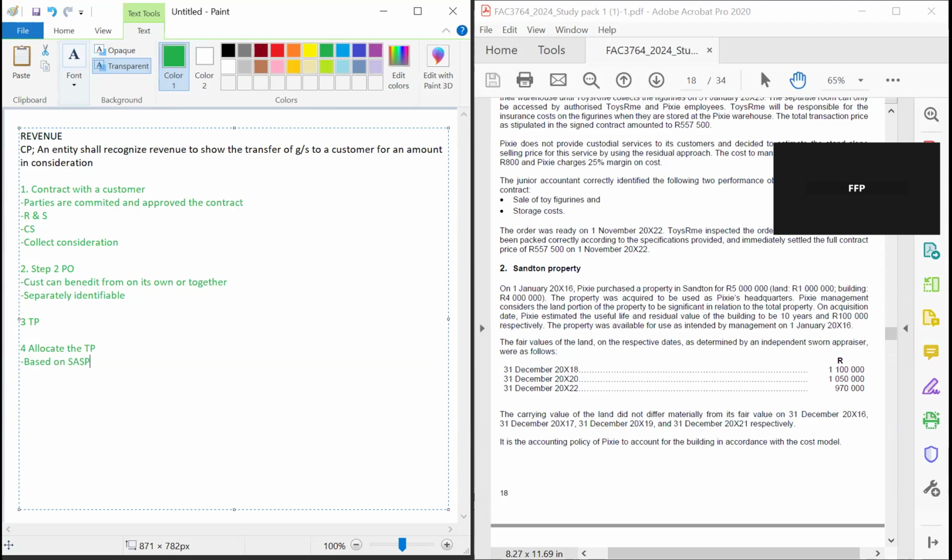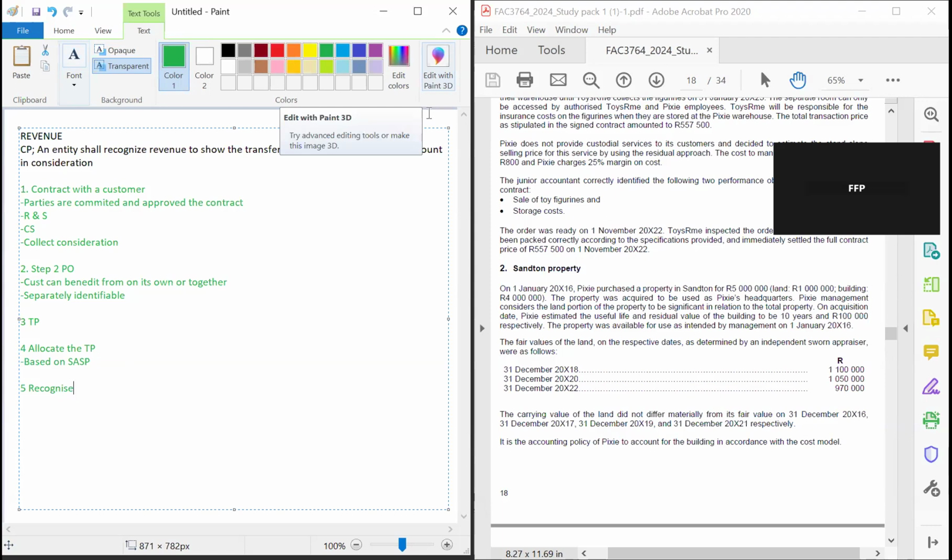Now we are going to move to step five. With regards to step five, we are going to recognize now, right? So essentially, this is when the customer obtains control, right? So this is when the customer does what?